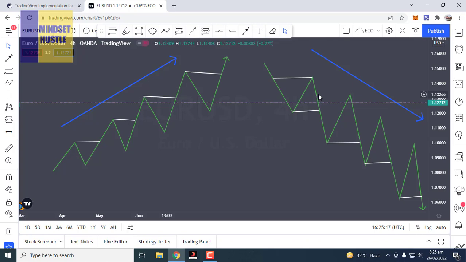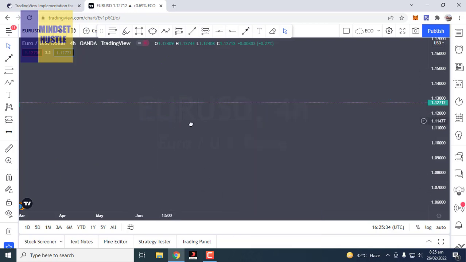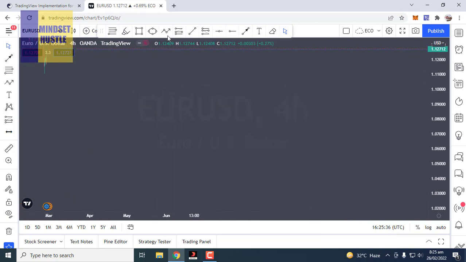As I said, this is kind of a textbook example, so let's look at a more realistic illustration. All right guys, so I'm going to remove these drawings, and then let's do a more realistic one. So in an uptrend, you can have this kind of movement.